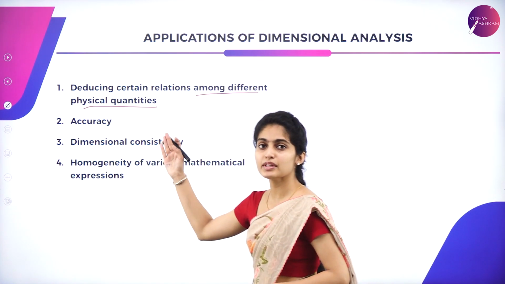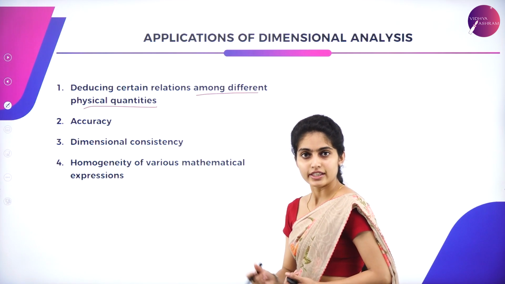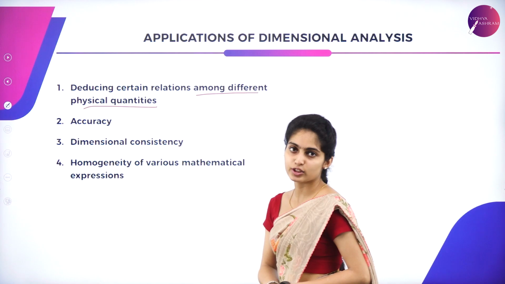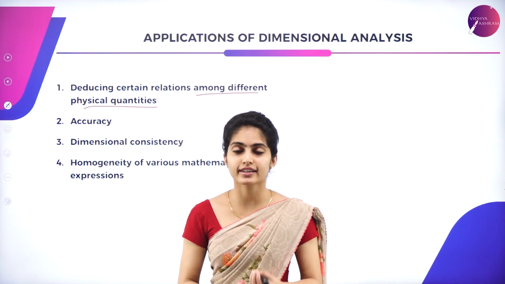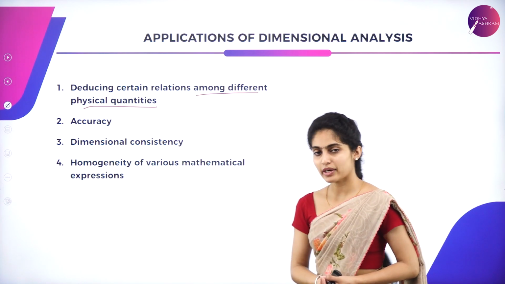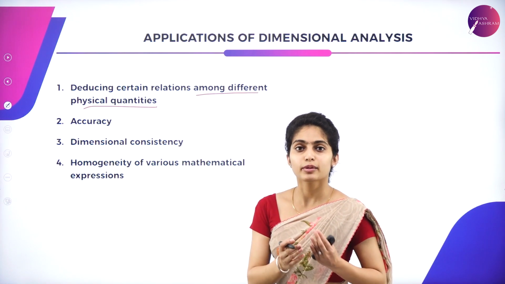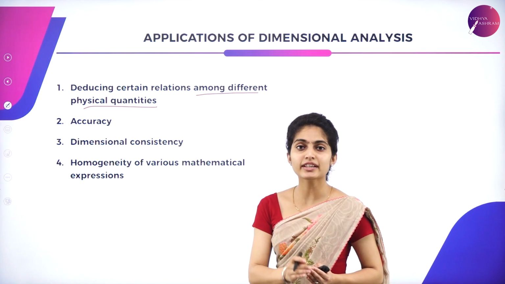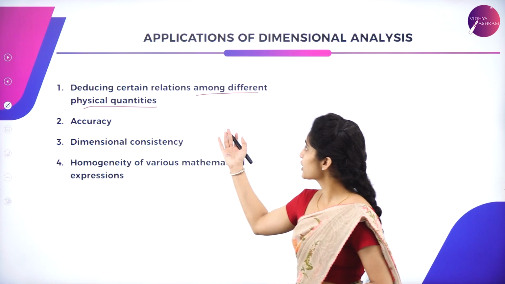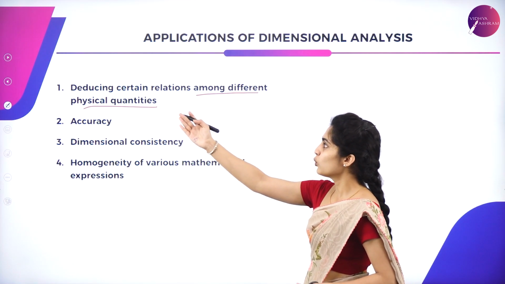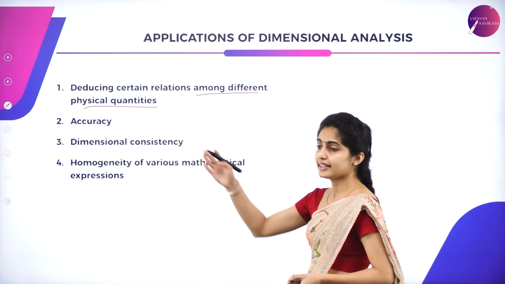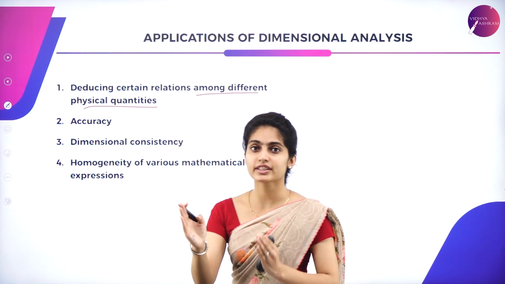And there is a principle which I'll be teaching you in the next slide. So homogeneity of various mathematical expressions. Homogeneity, that is the identical. So homogeneity of various mathematical expressions means the mathematical expressions are made identical with the help of this dimensional formula. So the applications of dimensional formula are: one is to deduce the relations among the physical quantities, and accuracy, that is closeness to the correct value.